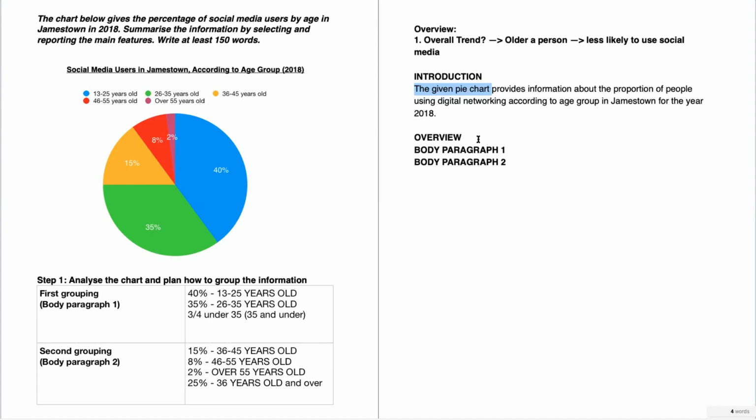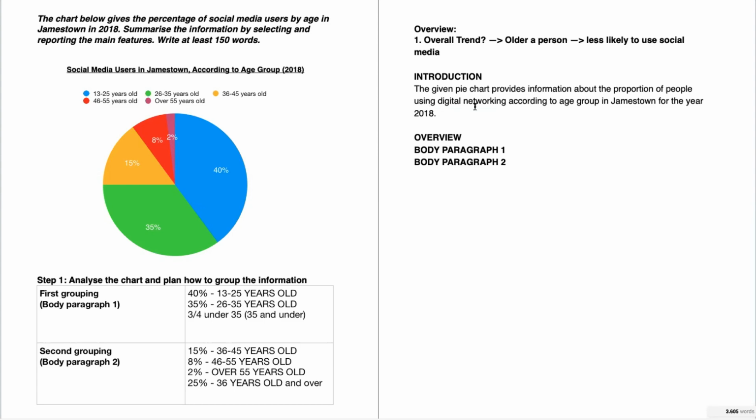So keep a tally of what is usually given to you so that you can reuse it in your own writing. Now it says in the writing prompt, gives the percentage of social media users. I have said provides information about the proportion of people using digital networking. And digital networking is not included in our prompt, but it's a synonym of social media use. And just from studying technology, which is a common topic on the IELTS exam, you should have these synonyms ready and up your sleeve, ready to be used.